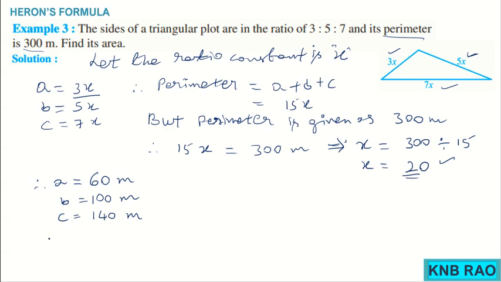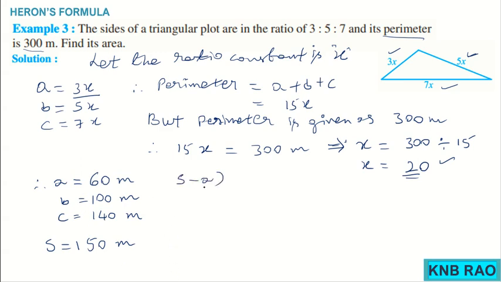Thus from this we already know perimeter as 300, which means s is 150 meter. Why? Because 300 by 2 gives s, perimeter by 2 gives semi perimeter.